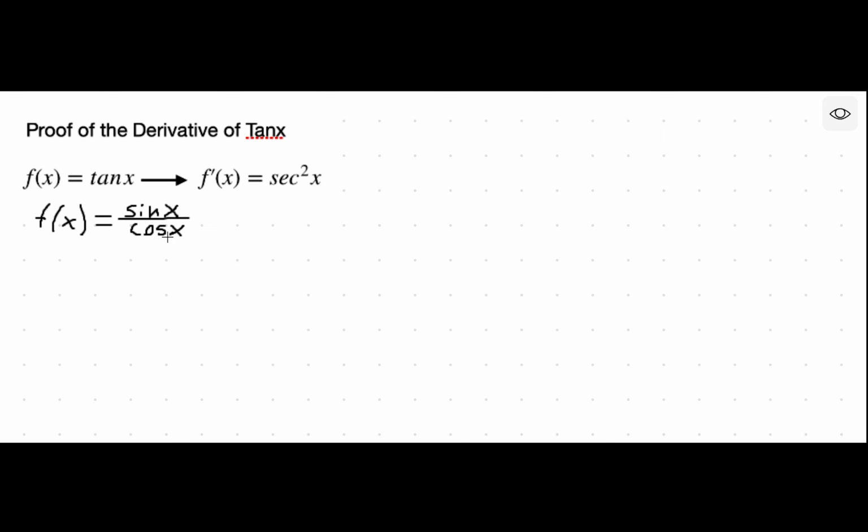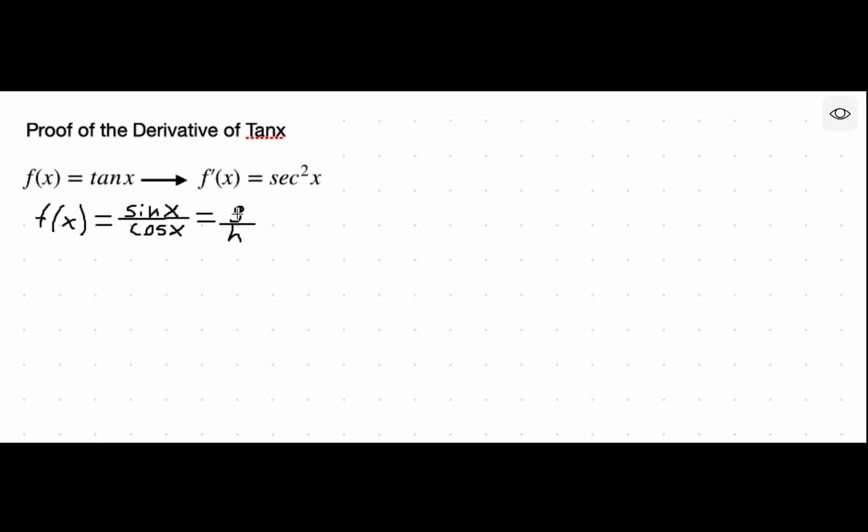So now we have sine of x divided by cosine x. So that means we have a function divided by another function, so we can use the quotient rule. So for the quotient rule, if we have some function, let's call it g, divided by another function, h, we're allowed to use the quotient rule then.